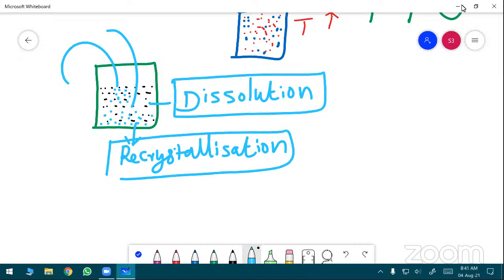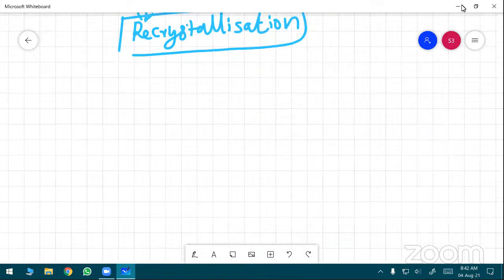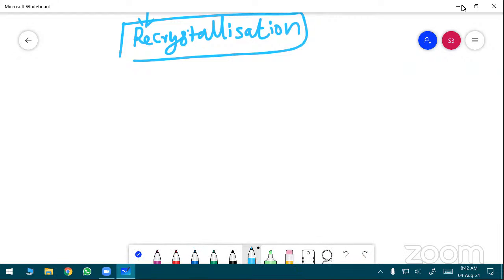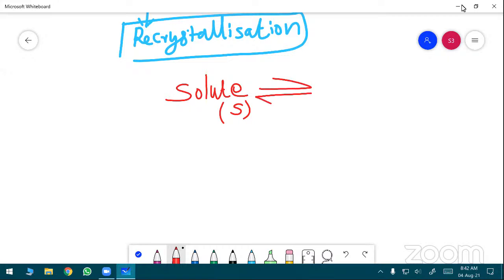Okay, so what they are coming to say is that there is an equilibrium between the solute in the solid condition and the solute in the dissolved state.